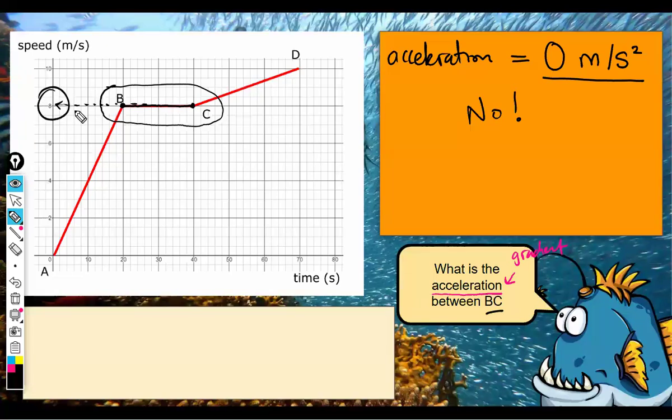Acceleration allows you to speed up or to slow down. An acceleration of 0 doesn't necessarily mean the object has stopped. It's just moving at a constant speed. The speed is not changing, it's moving, but the speed is not getting larger, nor is it getting what?